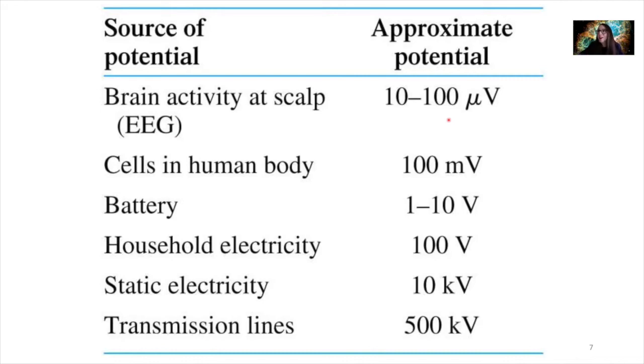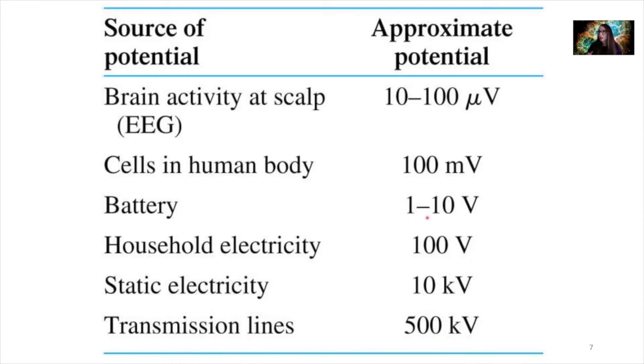Now, our bodies are electrical systems. You can do the same thing for the heart. Cells in our human body, well, cells in any living creature can have potential differences across membranes. Cells in a human body, we've got about 100 millivolts for that source of that potential difference.